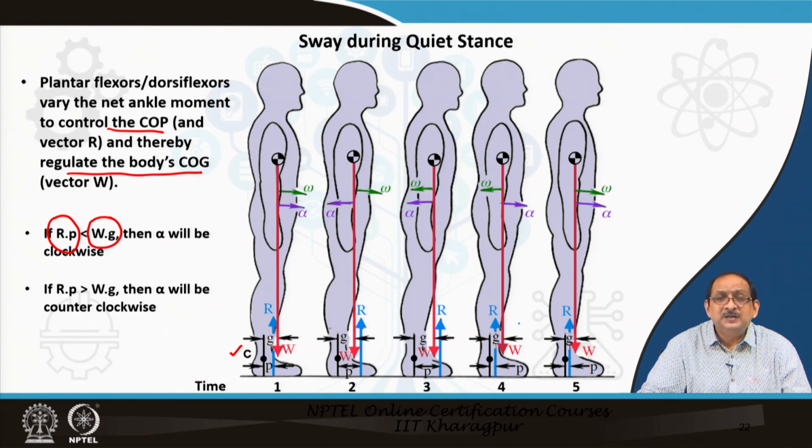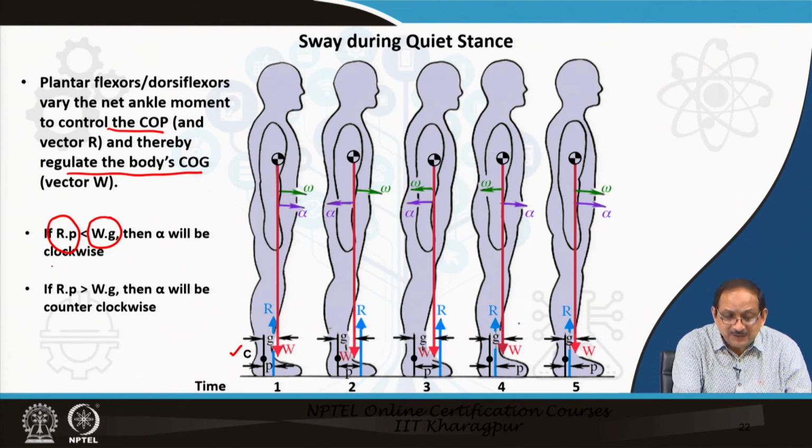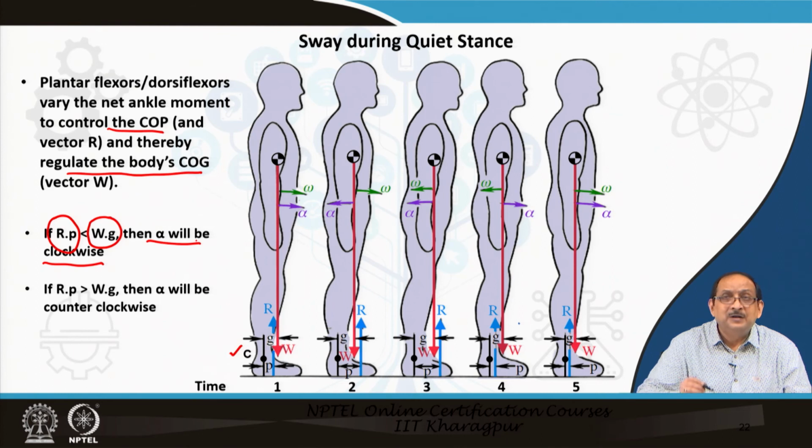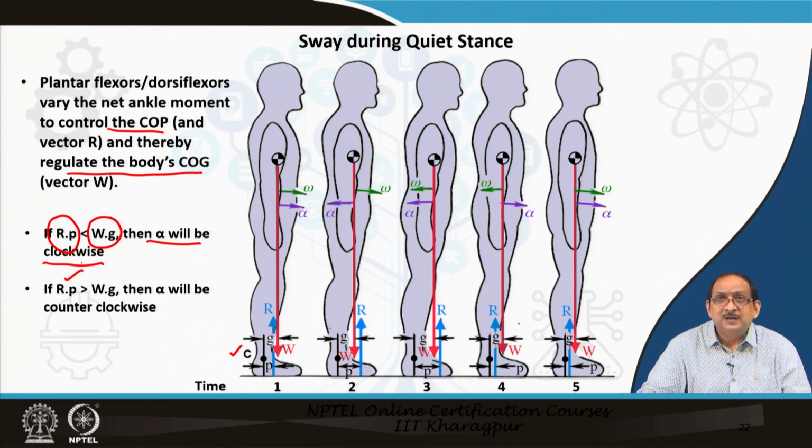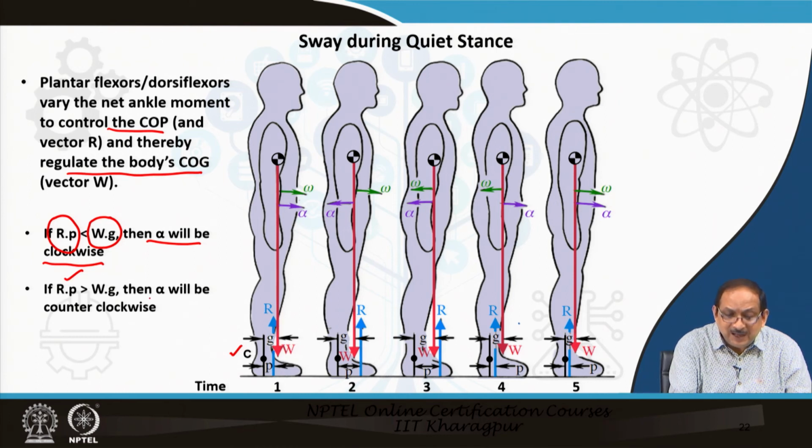The body will tend to move in a clockwise direction. So, the angular acceleration would be in the clockwise direction, whereas if RP is greater than WG moment, then the angular acceleration would be counterclockwise.